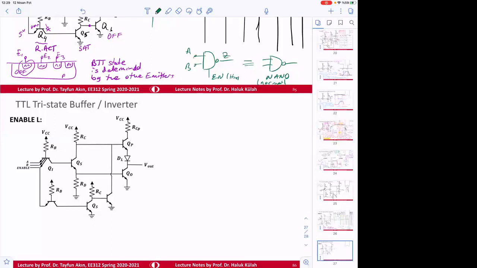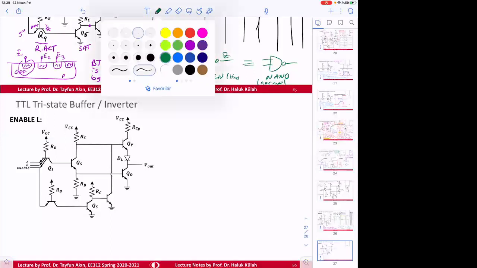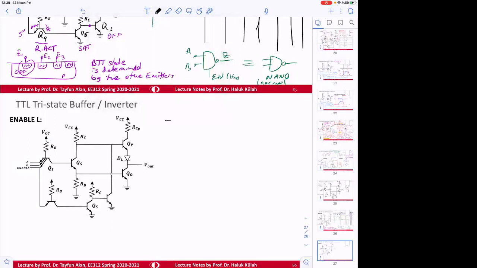Okay, so the interesting thing happens if we have Z, or enable, to be 0.